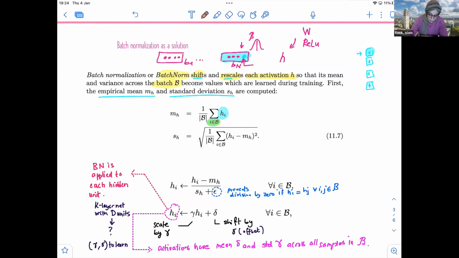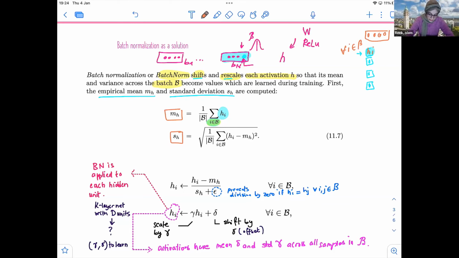Here we will sum HI over all I samples in the batch. All right, so these are our training samples in the batch, and we'll create a mean value for the unit, and then also the SH for the batch.